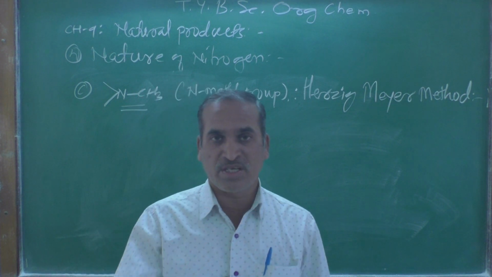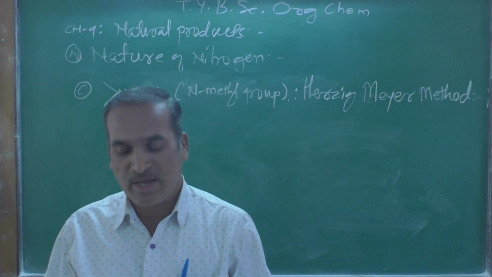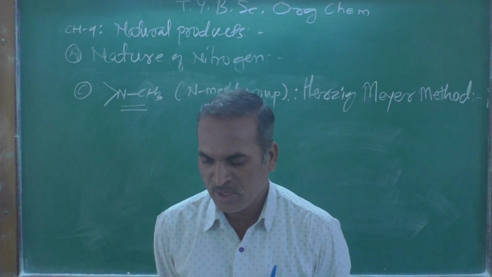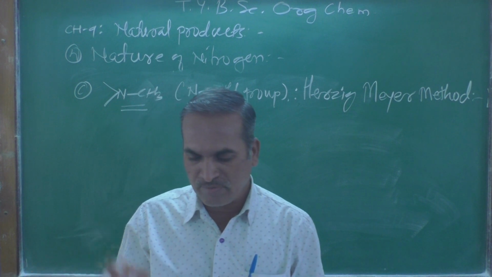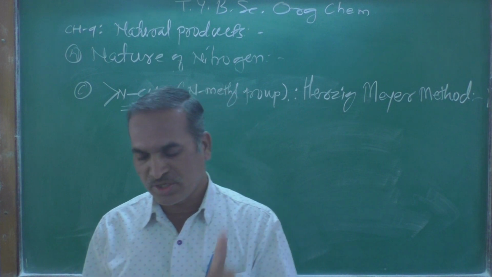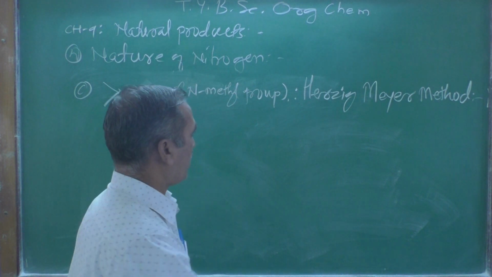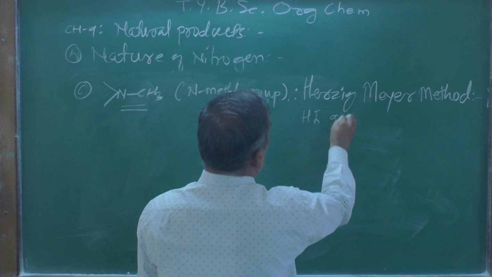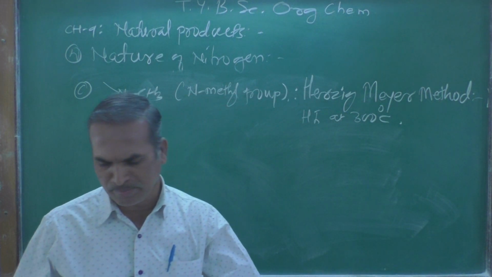Remember, this method is used to determine and estimate the number of N-methyl groups present in the alkaloid. The alkaloid is treated with HI at 300 degrees centigrade, a very high temperature.